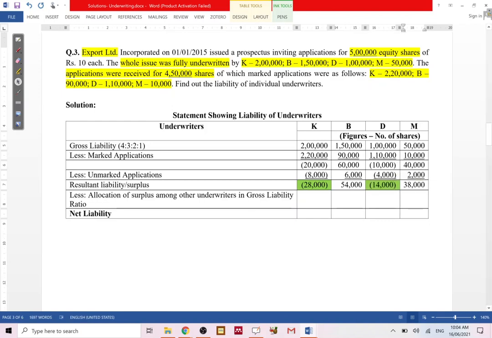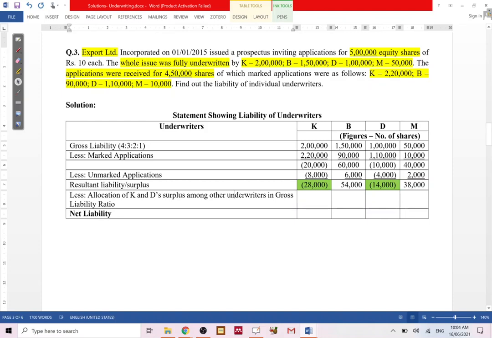Whatever I have put in green is a surplus, meaning they have sold too many shares. So what is to be done with the surplus? Allocation of K and D's surplus. Two people, K and D, have a surplus, 28 plus 14.